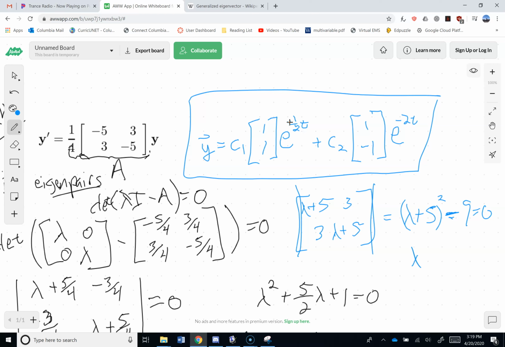So that would tell me that lambda plus 5 squared is 9. So I get lambda is -5 plus or minus 3.